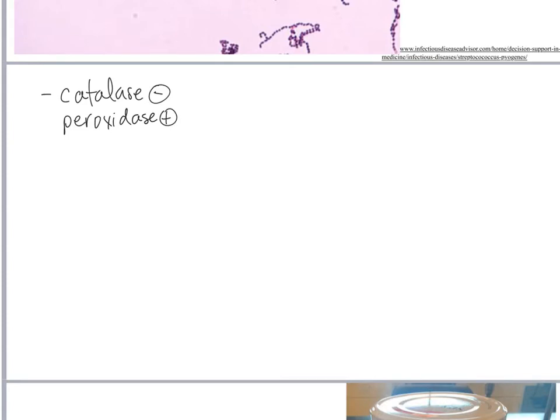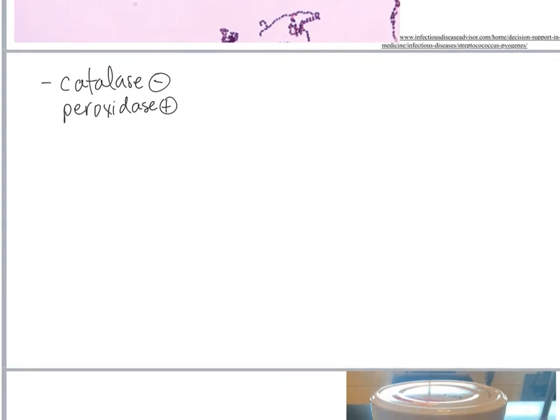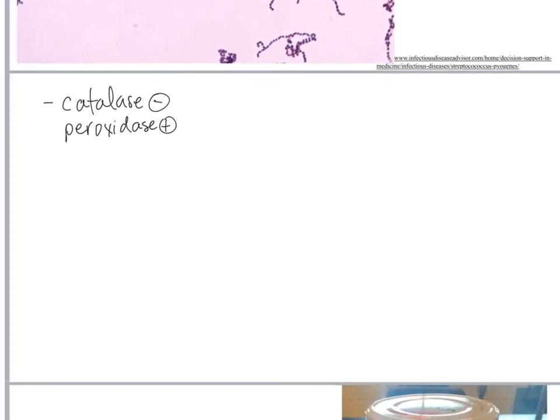Incidentally, and I don't think this equation is anywhere in your lab book. What does peroxidase do? I'm not as familiar with this equation. It uses an electron carrier to detoxify that hydrogen peroxide.